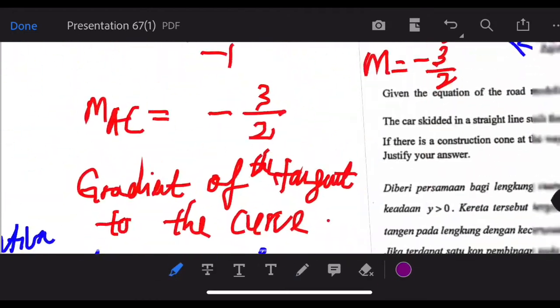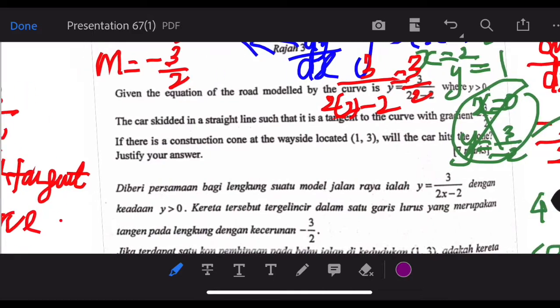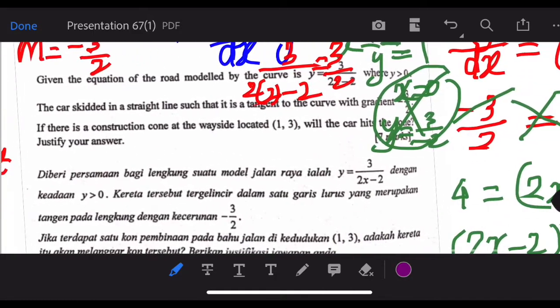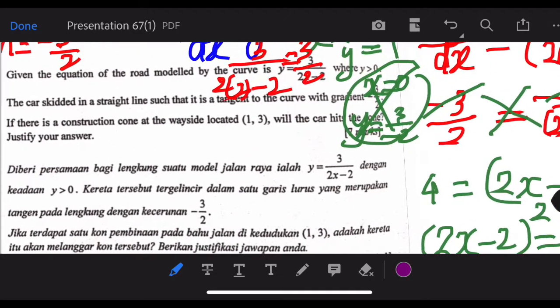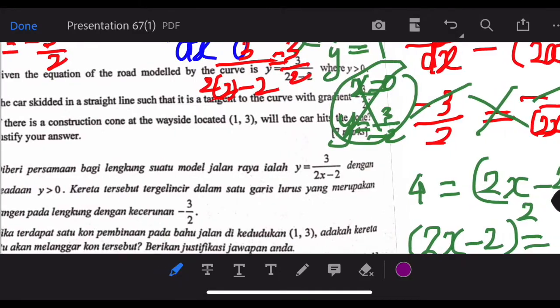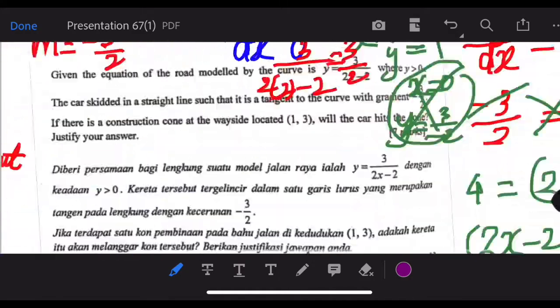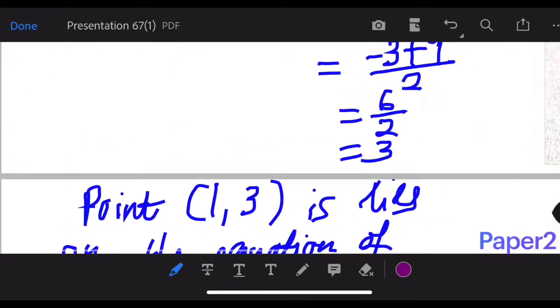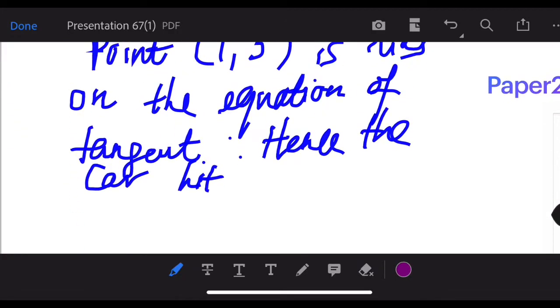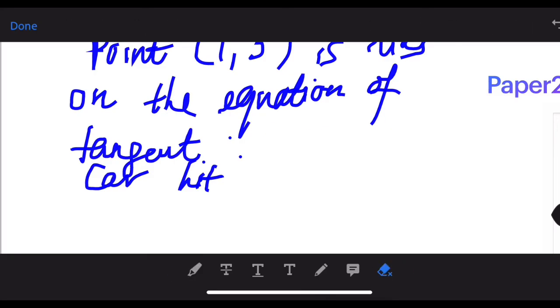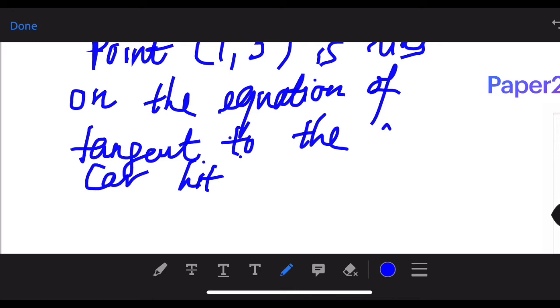According to the question, if there is a construction cone at the wayside, will the car hit the cone? Justify your answer. So the point (1, 3) lies on the equation of the tangent to the curve. That's how we justify.